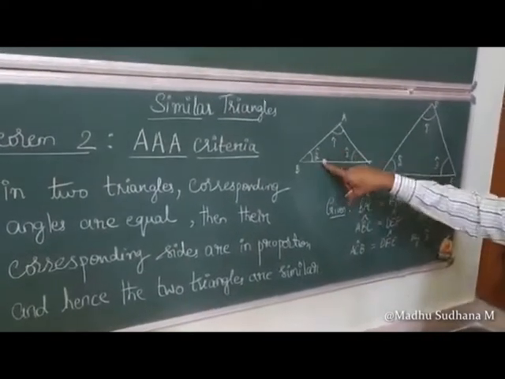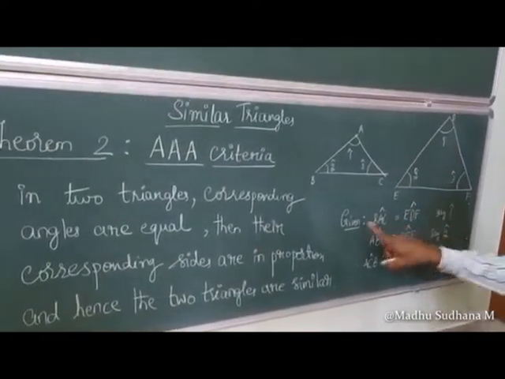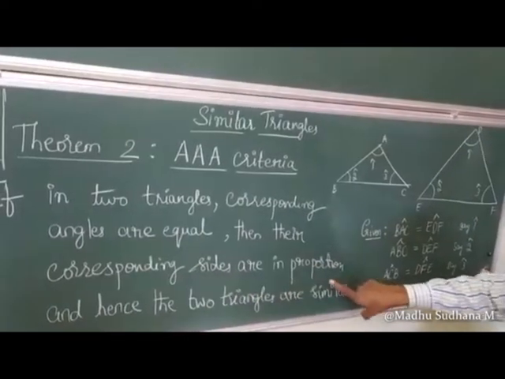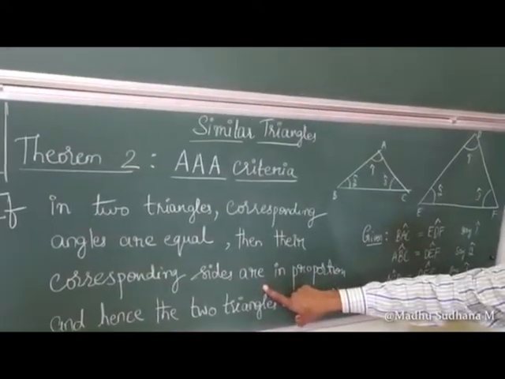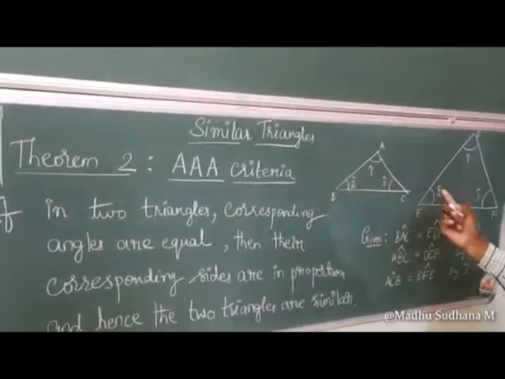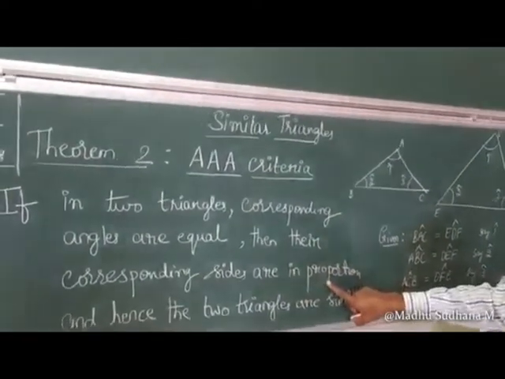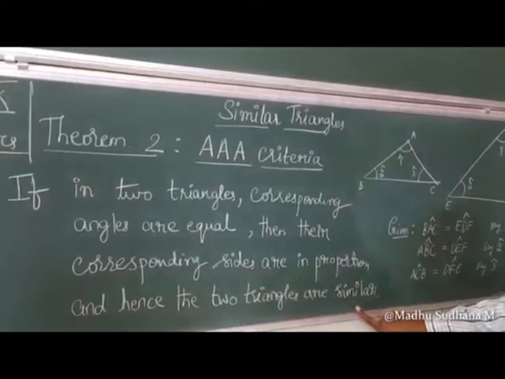If the corresponding angles are equal, then their corresponding sides are proportional. So this is to be proved. If the corresponding angles are equal, we need to prove that corresponding sides are in proportion, and hence the two triangles are similar.